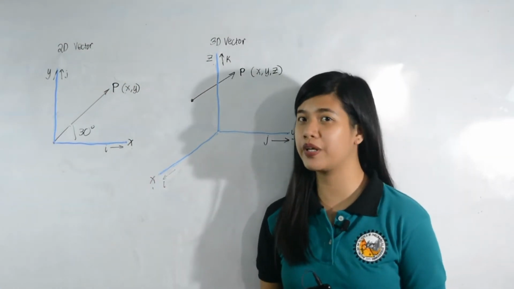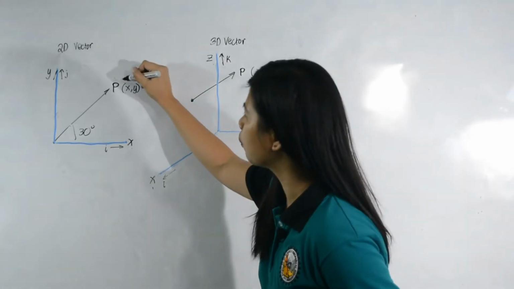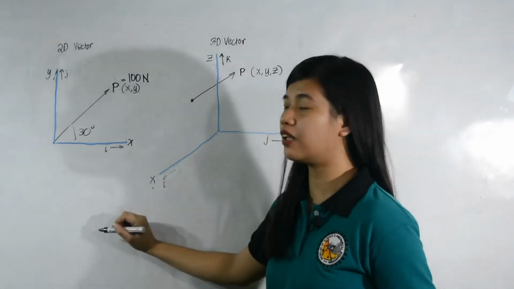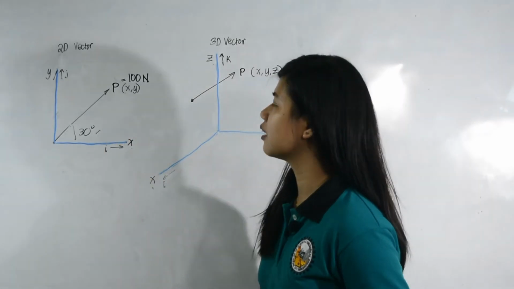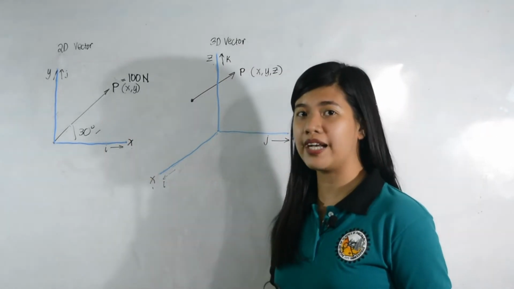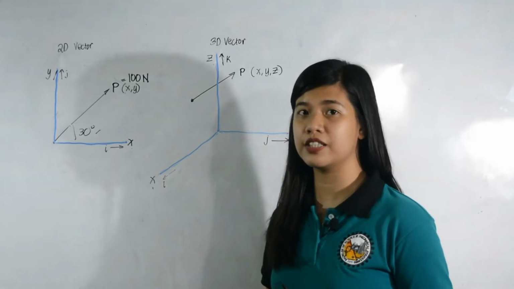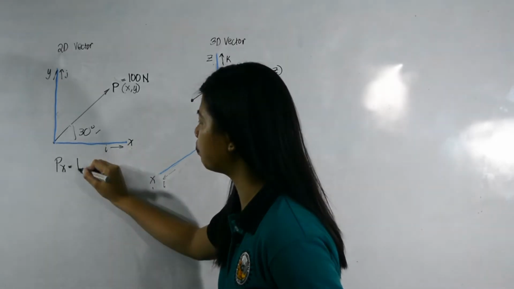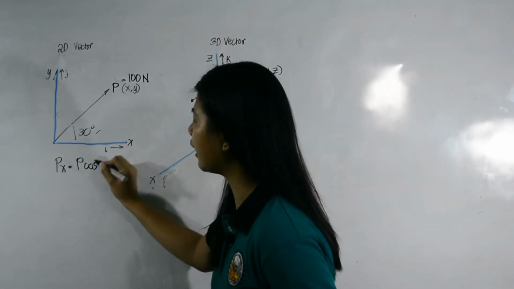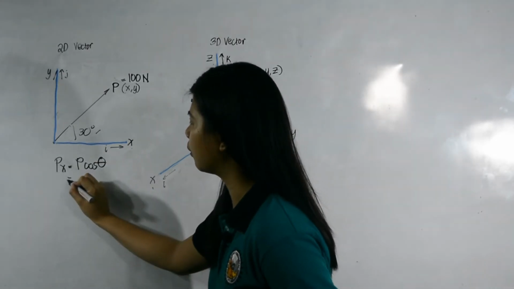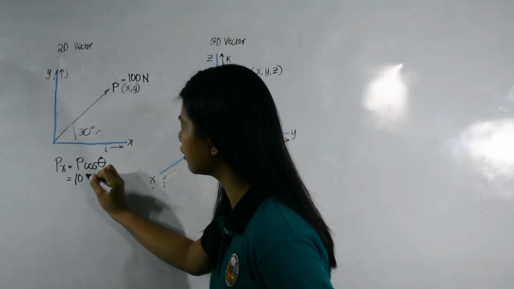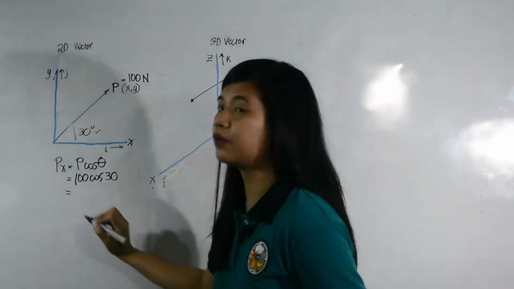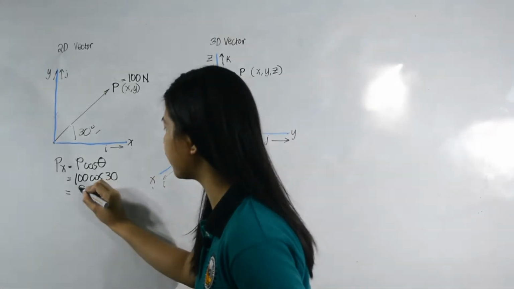In engineering mechanics, we're familiar with vectors, right? For example, we have force P, which is 100 newtons, and has an angle of 30 degrees. In order to get our x and y components, we will be using this formula. P sub x equals P cosine theta. That will be 100 cosine 30, which gives us 86.6 newtons.